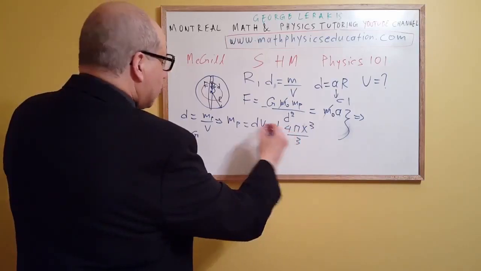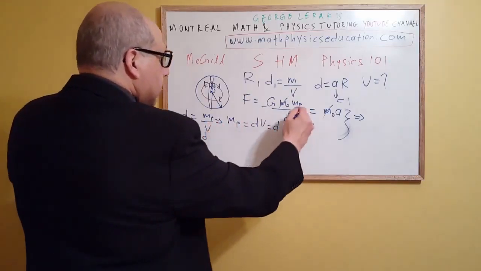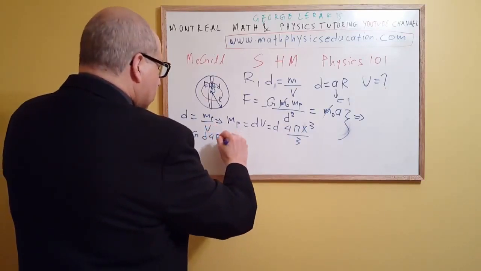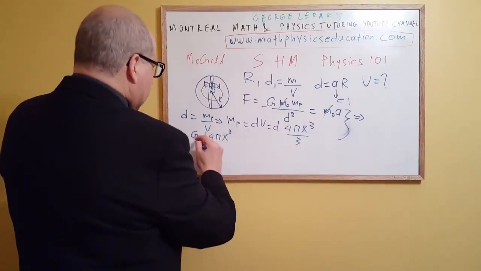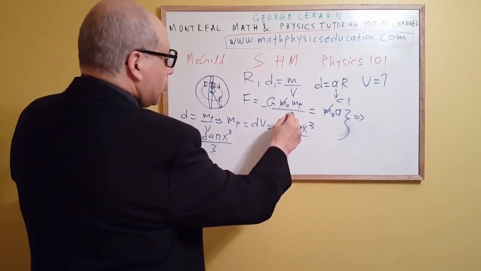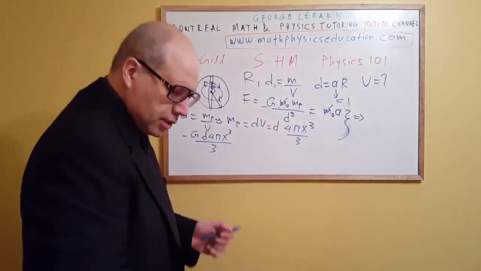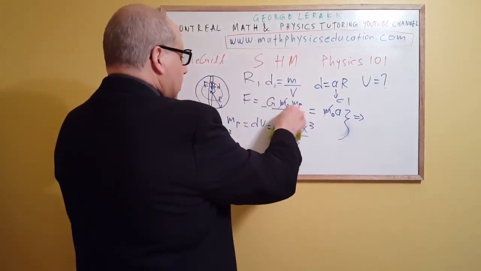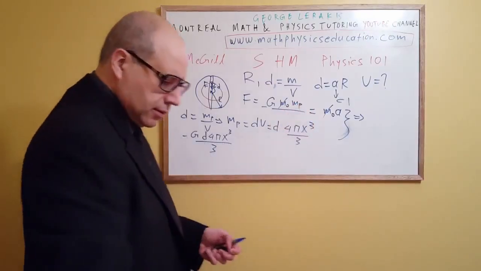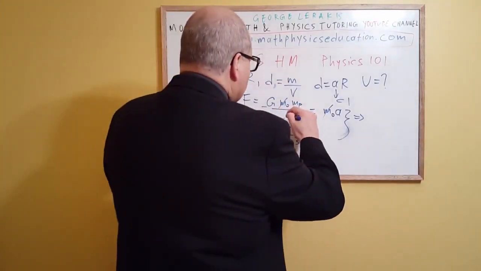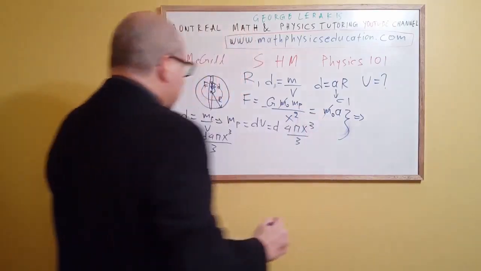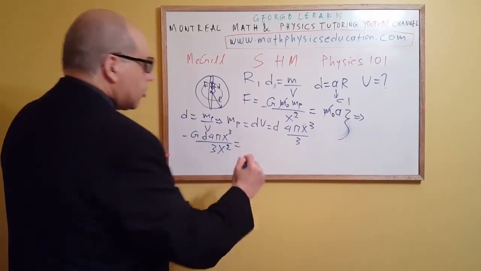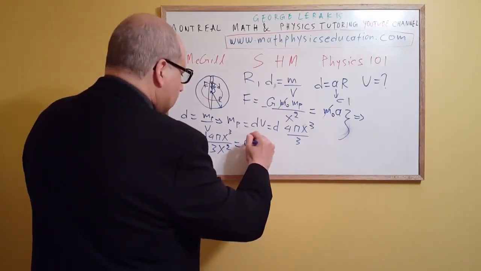We said that MP is equal to density times 4 pi x to the third over 3. And of course, don't forget, this distance here, let's call it x squared, so over x squared. That has to be equal to a.